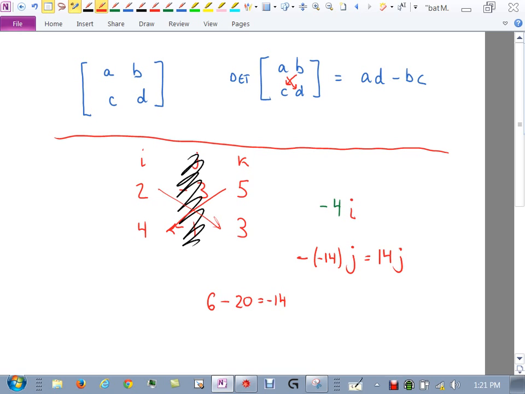What do you mean? What does it come from? Well, the determinant in matrices, right? With matrices, the determinant is a way to help you find the inverse of a matrix.